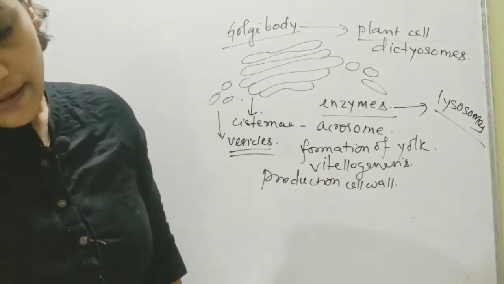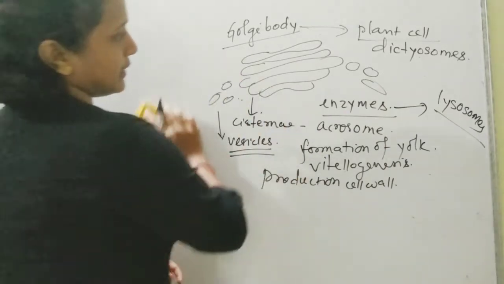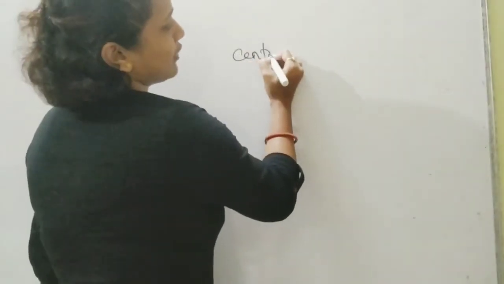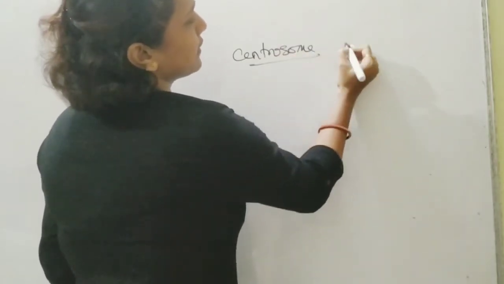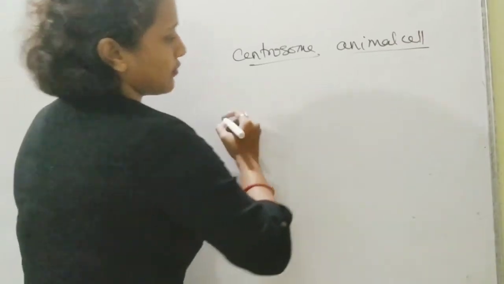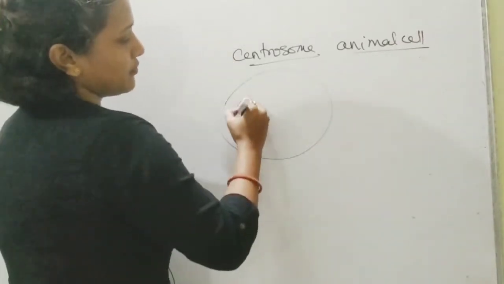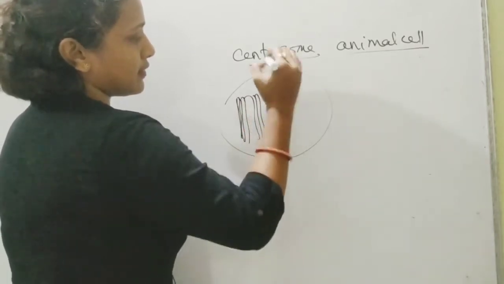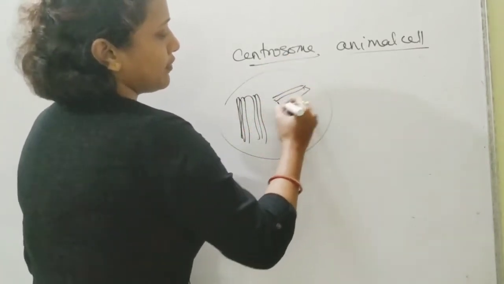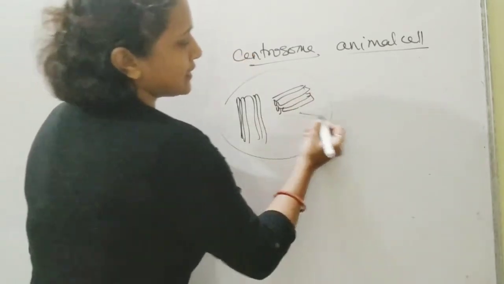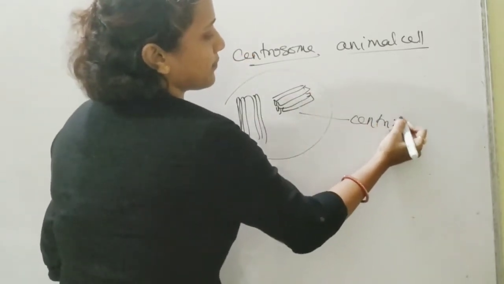Okay, now coming to one most important organelle, that is your centrosome. The centrosome is present only in the animal cell. Whenever I talk about the centrosome, you will find two tiny structures which are made up of small microtubule-like proteins, and these are called centrioles.